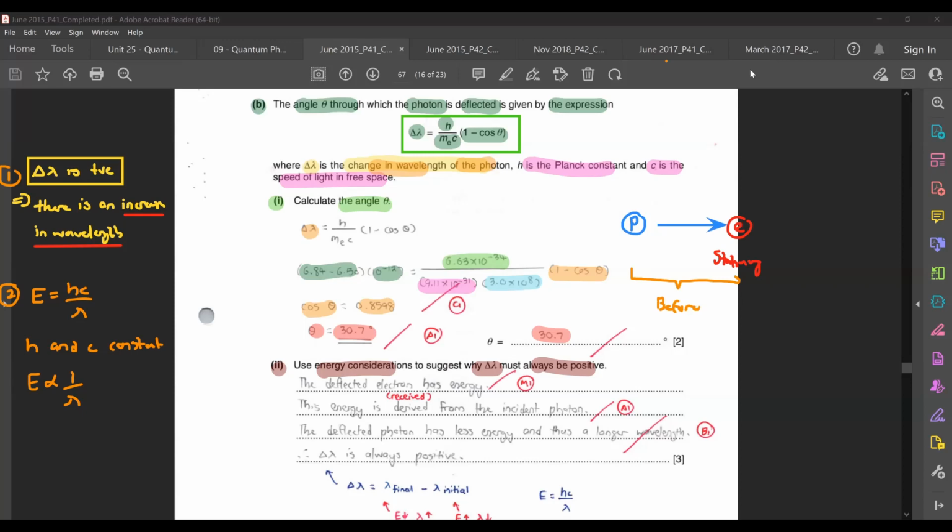Then after collision, what happened was that your photon suddenly started moving in this direction. And you can also safely assume that the electron, after collision, probably moves somewhere downwards. This part here, you can consider as after collision.